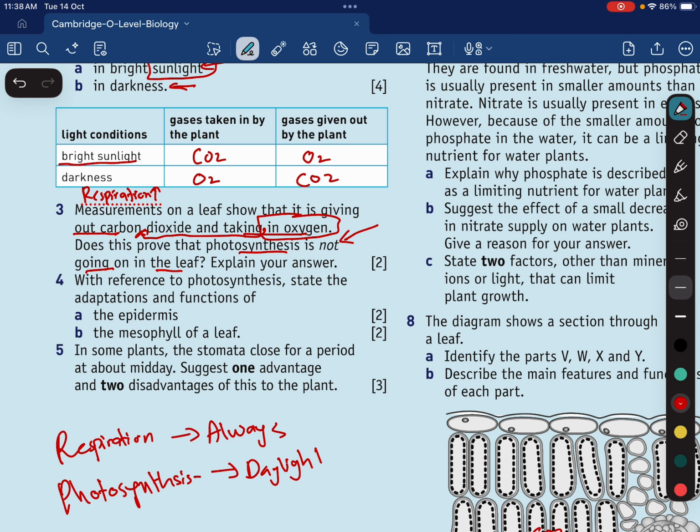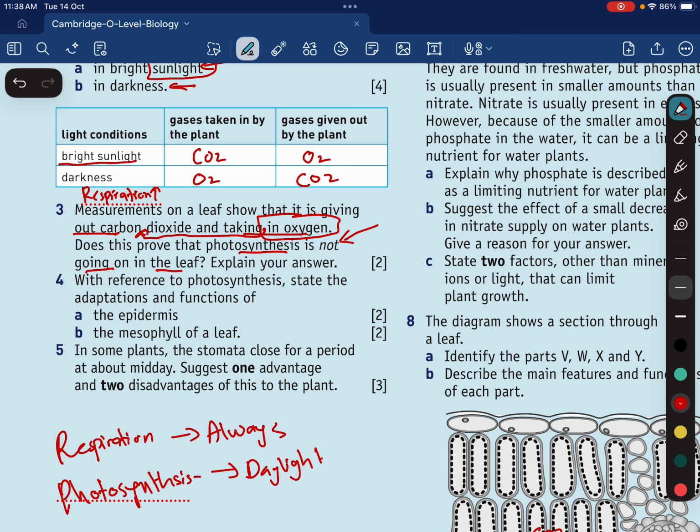So what we need to see is not the fact that oxygen is taken in and carbon dioxide is given out. What we need to see is how much carbon dioxide is taken in for photosynthesis and how much oxygen is given out. Because if more carbon dioxide is taken in, it means that photosynthesis is taking place, right? So that's one way we can see.